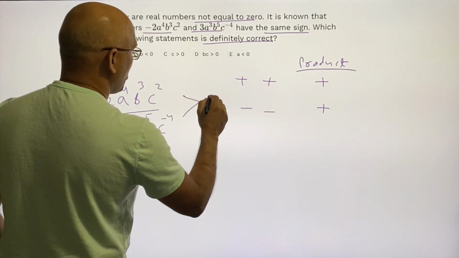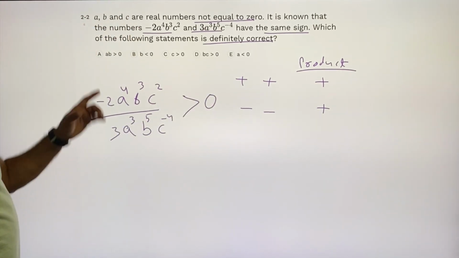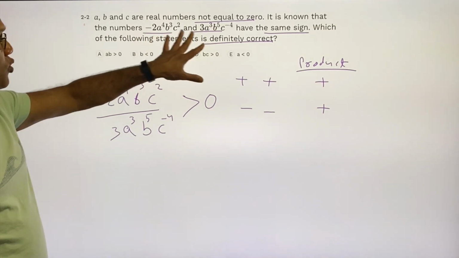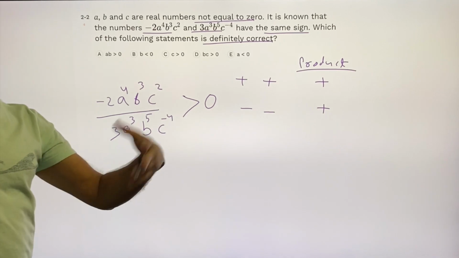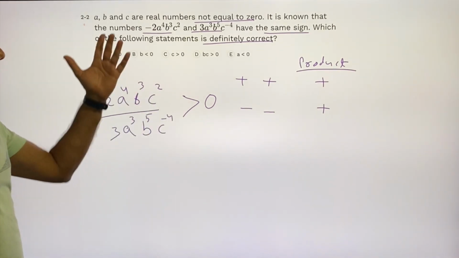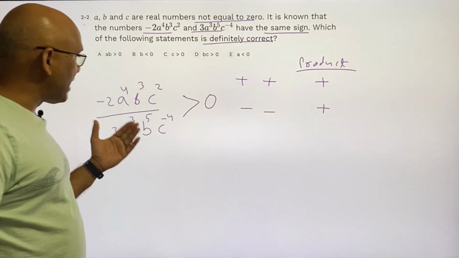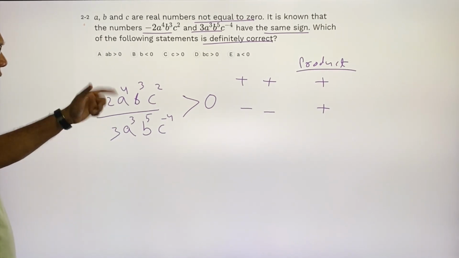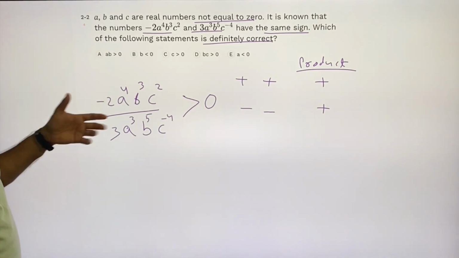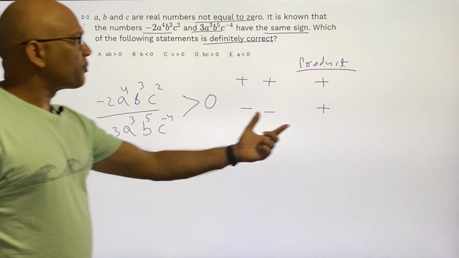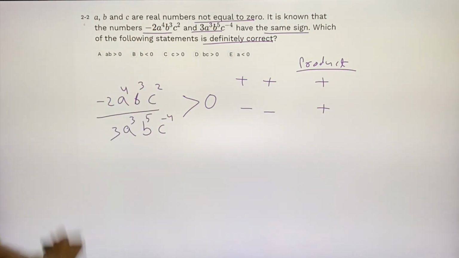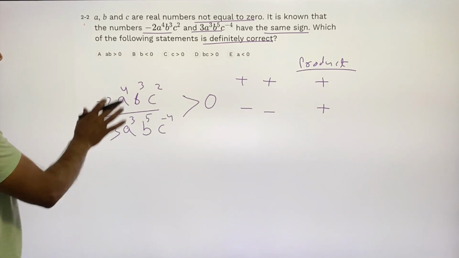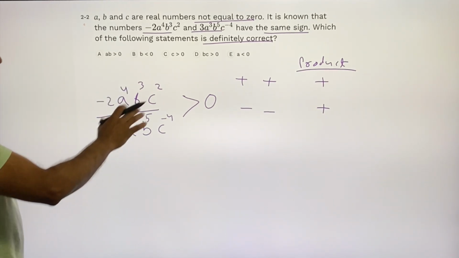I know that this is always greater than 0 because these two expressions have the same sign. They are either both positive or both negative. It doesn't matter, right? When they have the same sign, if I multiply them together or divide, the product or division is always going to be positive. So this much I know. And again, I'm dividing so that I can cancel out some terms, but we can also multiply.